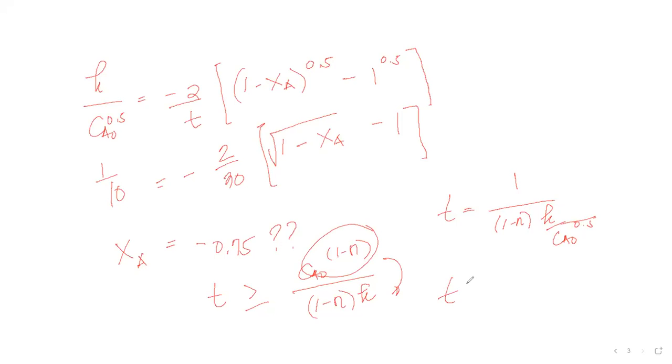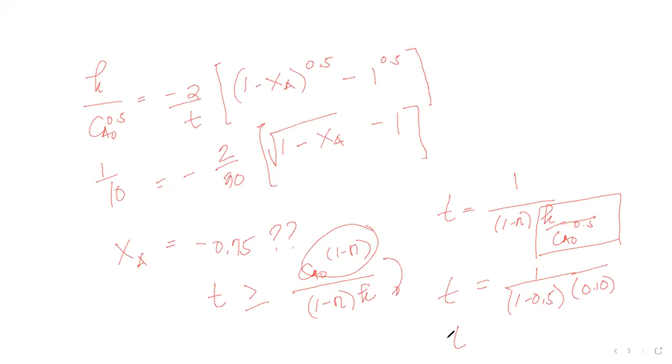So your time should not, in this case, be equal to or greater than this value. So you have 1 over 1 minus 0.5, times the value that we got for k over the square root of CaO, which is 1 over 10. So this is 0.10.